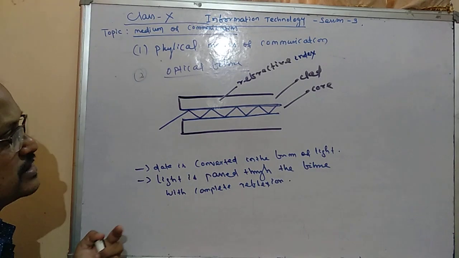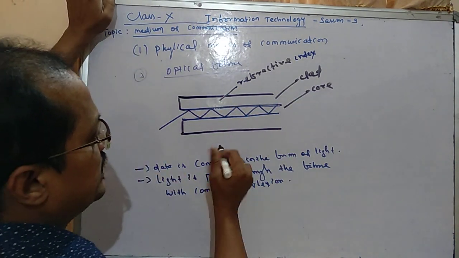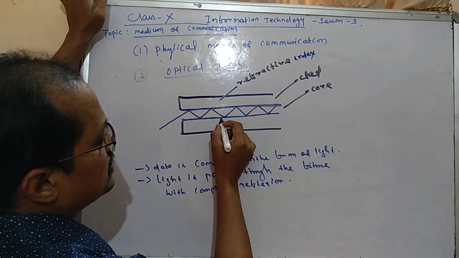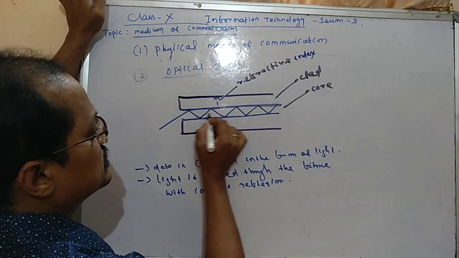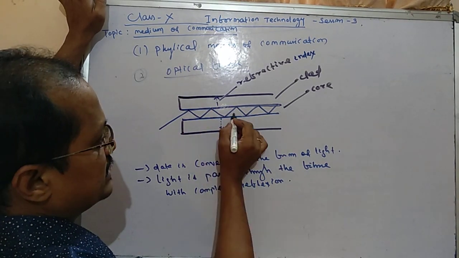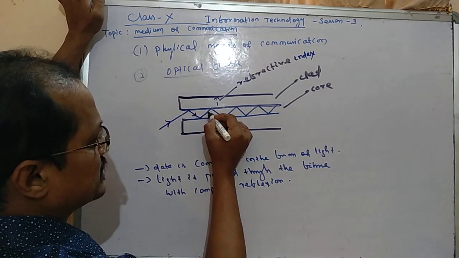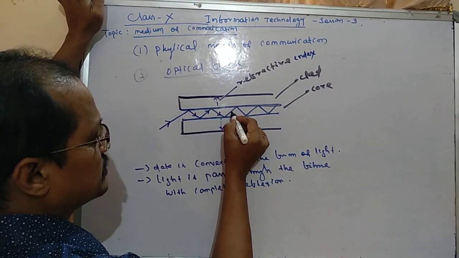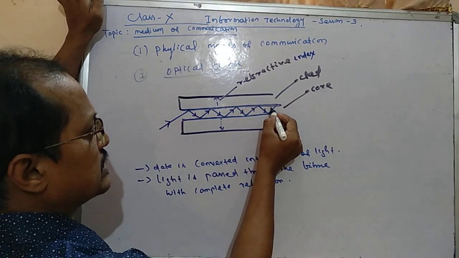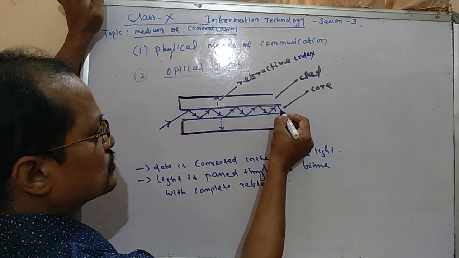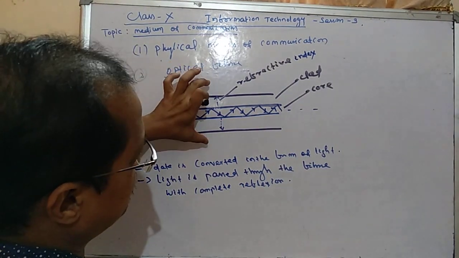This is the core and this is the clad. The refractive index differs, by which the reflecting surface arises. The light travels like this, completely reflects, and again goes through the optical fiber.